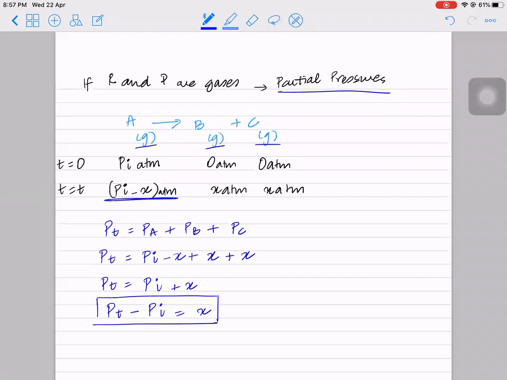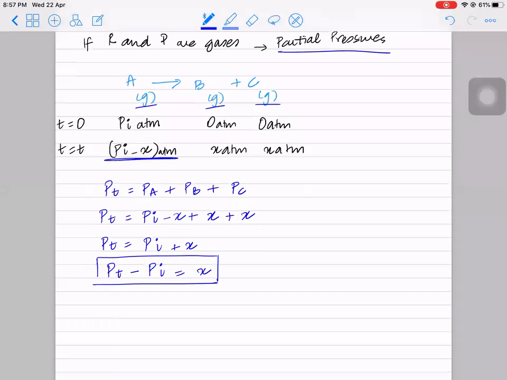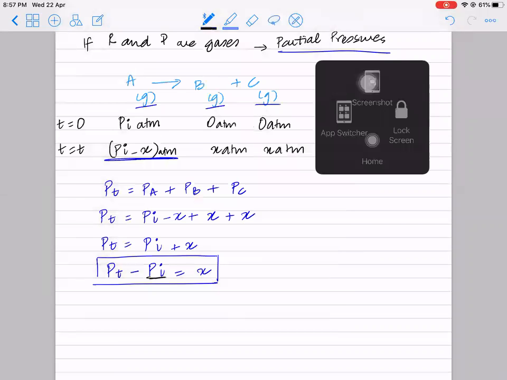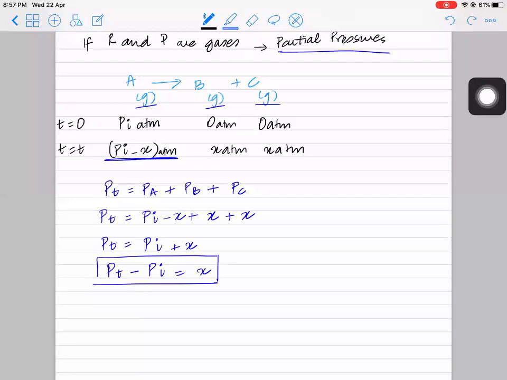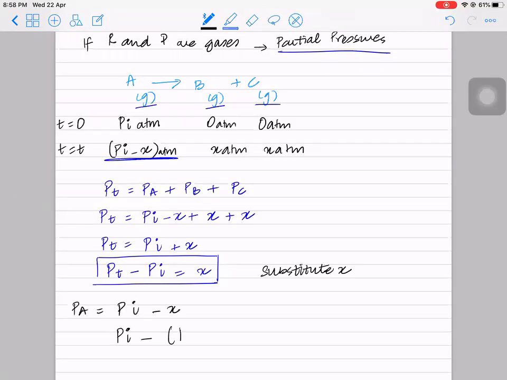So I can say that PT minus the initial partial pressure of the reactant is equal to X. Now you substitute X. You know that partial pressure of A is equal to Pi minus X, so I can substitute the value of X. It will be Pi minus (PT minus Pi).